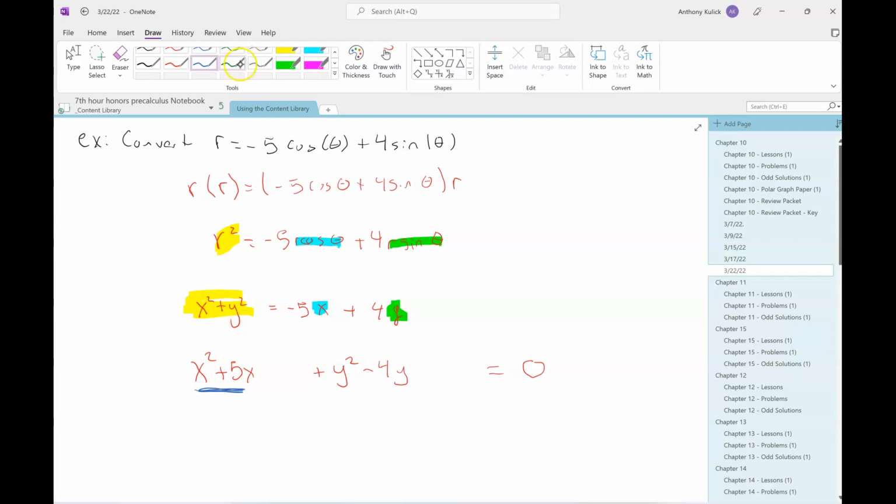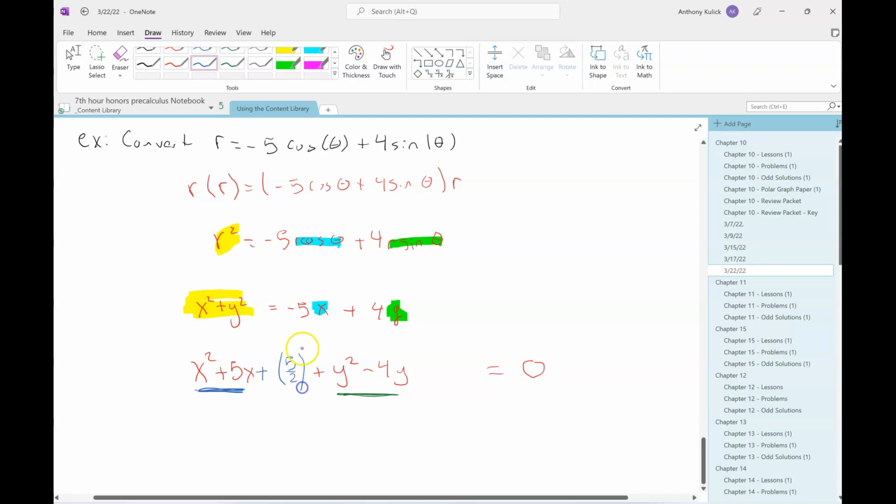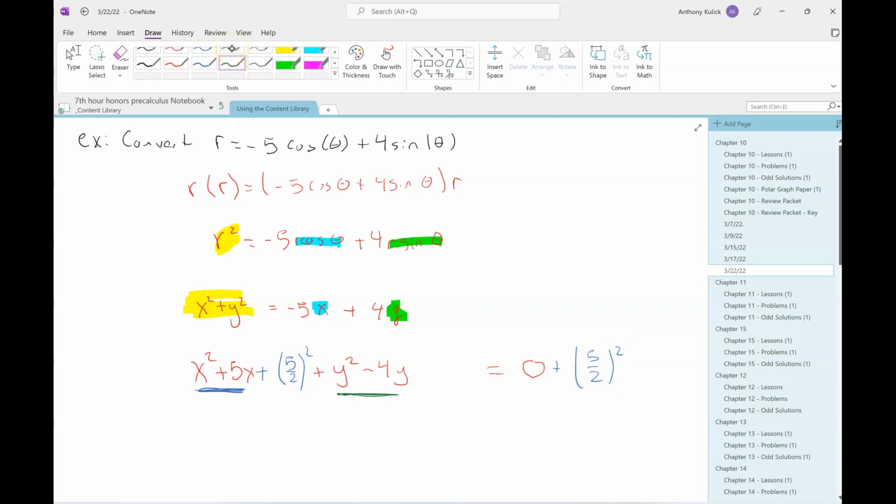So it looks like there are two places where I'm going to need to complete the square. For x squared plus 5x, what do I have to add to both sides to complete the square? 5 over 2 squared. Make sure you add that to both sides. It's easy to forget to add it to the right-hand side.